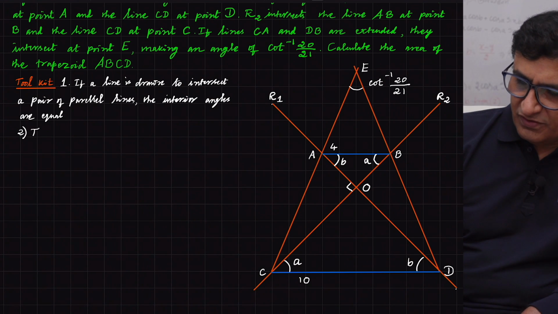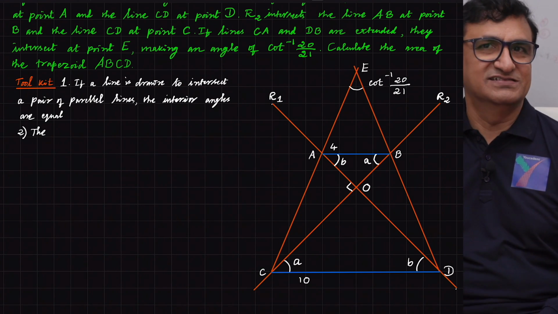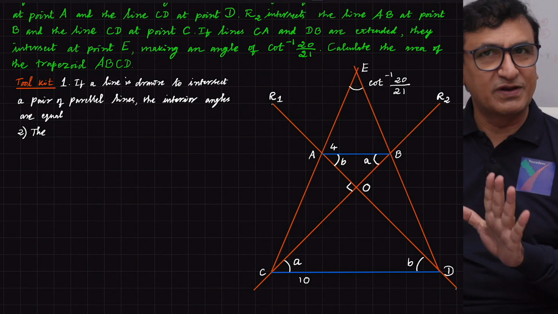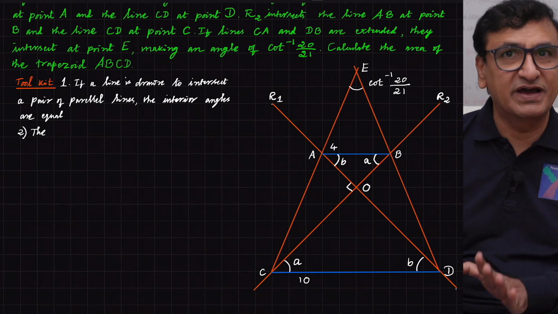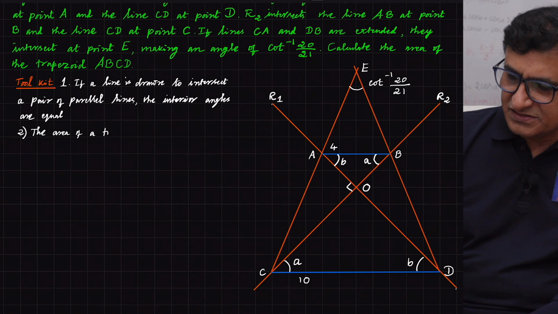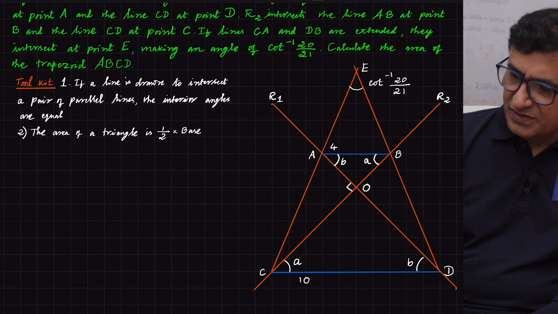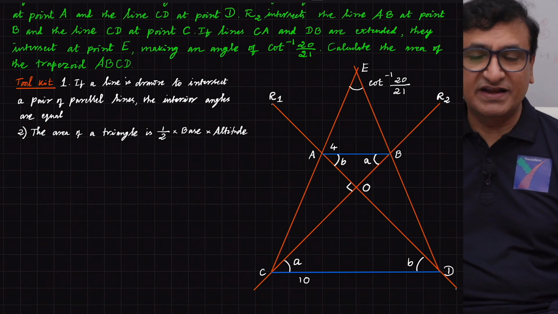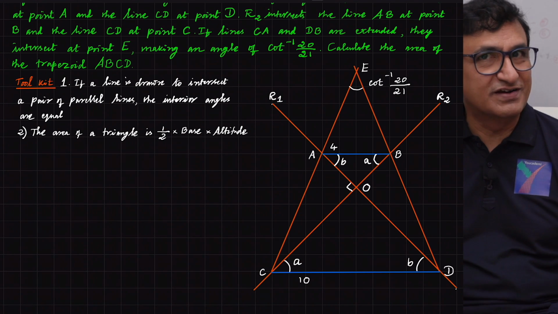Then toolkit number 2. The formula for the area of a triangle is half multiplied by the base multiplied by the altitude. I'll explain later the area in terms of our diagram.